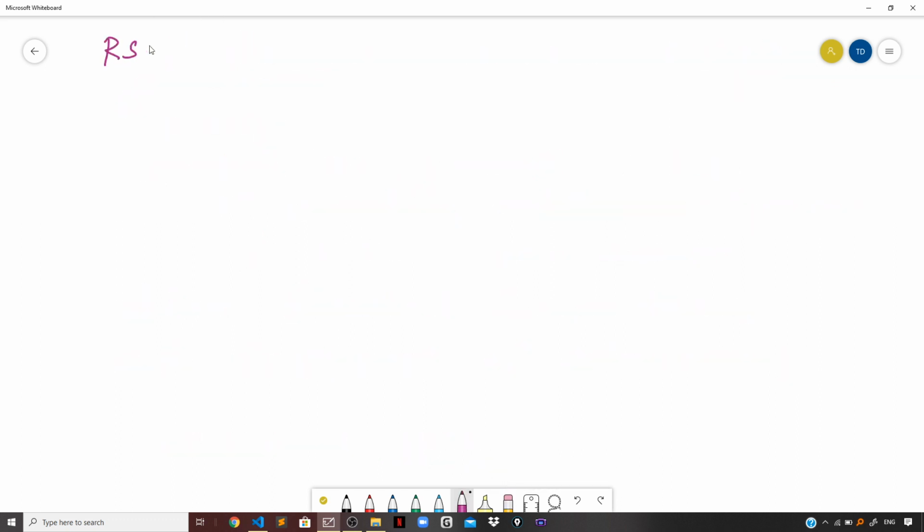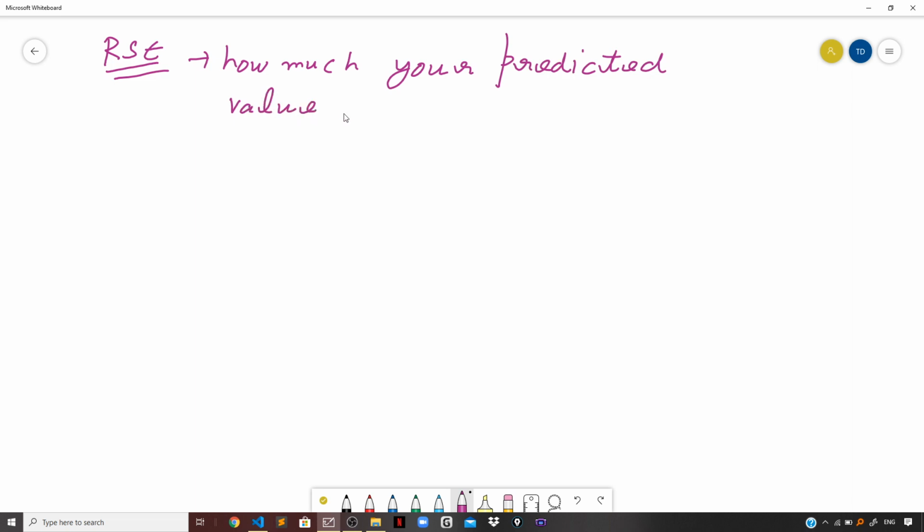RSE, the residual square error, tells us how much your predicted value deviates from the actual value on an average.